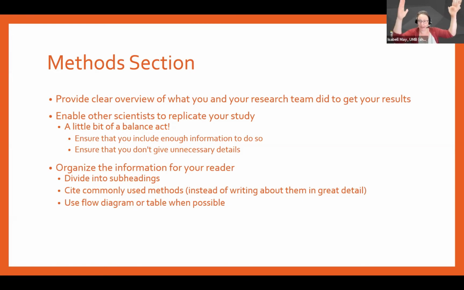They show in the flow diagram how they ended up with the number they had. Again, that might not be applicable to you, but if you have a large number of people participating in your study, it might be helpful to have a flow diagram describing how you ended up with your sample, rather than describing it in great detail in text. You could use that.